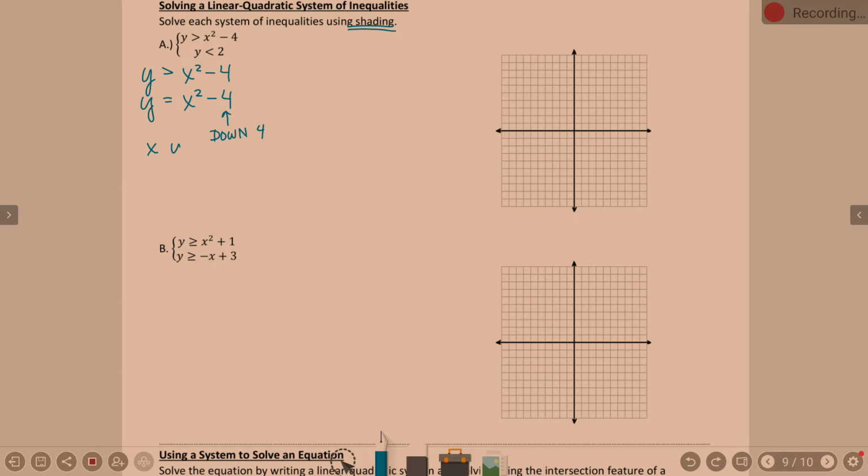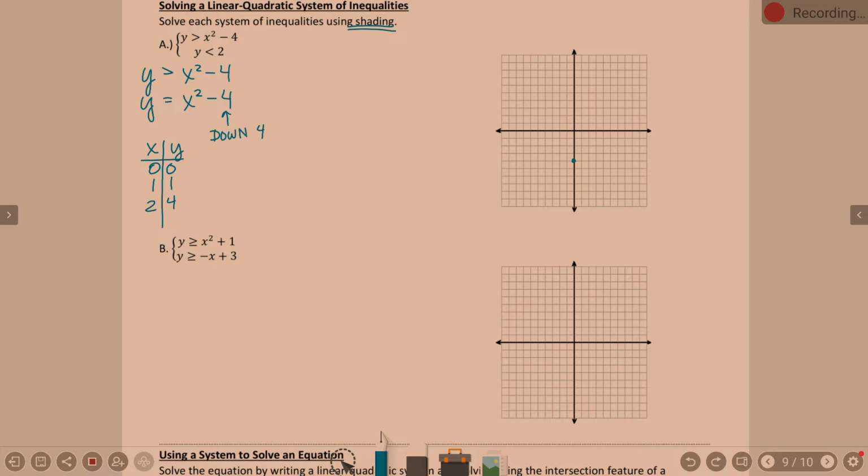Keep in mind, what's a basic parabola look like? If the vertex is 0, 0, then use 1, 1, and 2, 4. So, let's go ahead and graph our parabola. Down 4 means I'm going to count down 4 units from the origin.